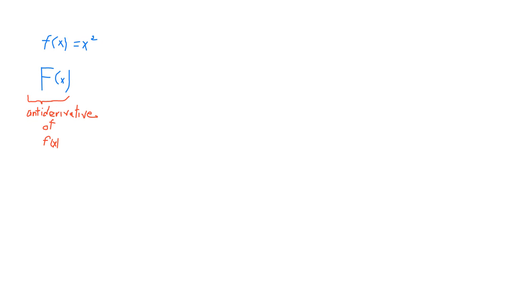And I can tell you that the antiderivative for our little function f, which equals x squared, is going to be x cubed over 3 plus a constant. C could be any constant.